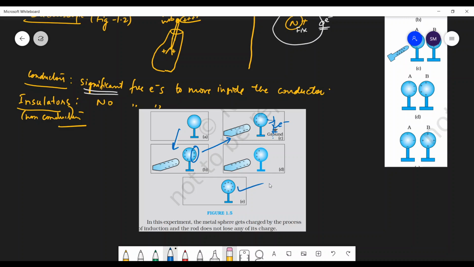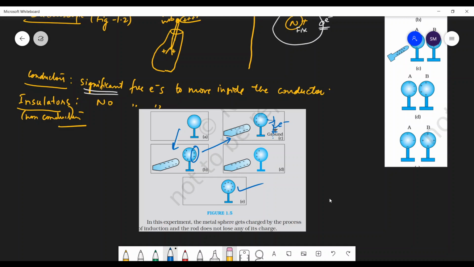So this sphere has acquired positive charge. In the first figure we used two spheres, and here we have used only one sphere, but we have removed the charge. That charge was removed by another sphere, but here it is grounded, so removed. This question was asked in the board exams in the year 2019.